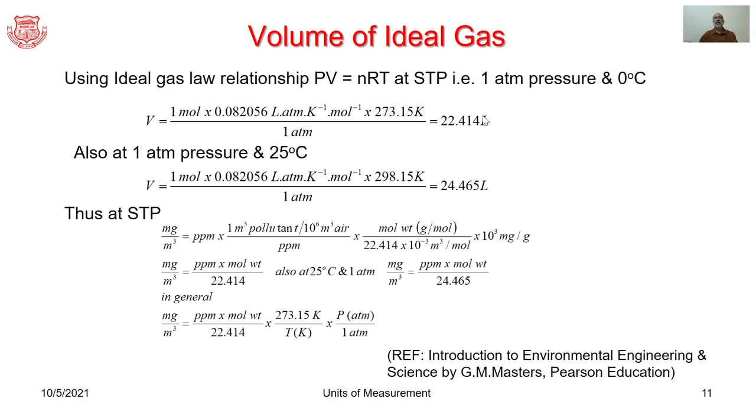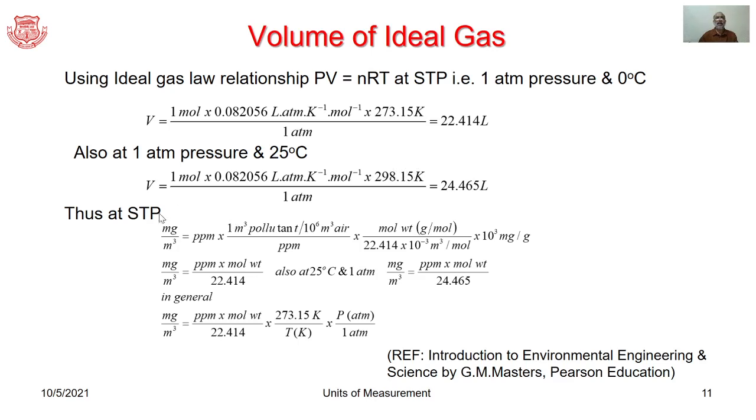So accordingly, this value comes to be 22.41 liters. Whereas, if we determine the same value at a different temperature, that is 25 degrees centigrade, it comes to be 24.465 liters. As such, we can determine how the volumes vary with the temperature by carrying out similar calculations.